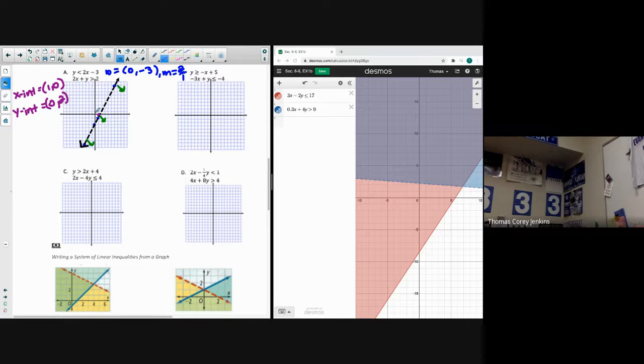So it goes through 0, 2. I'm going to extend that a little bit. All right, and then that one is also dashed.